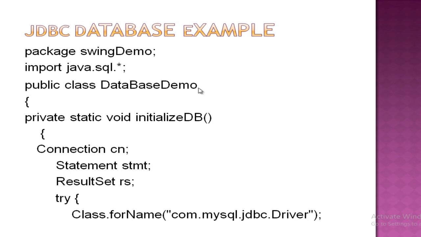Public class name, and a private static void initialize method is there. Then we have to establish the connection, so we make objects of Connection, Statement and ResultSet. Then, to create a connection, we use the forName method: Class.forName("com.mysql.jdbc.Driver").